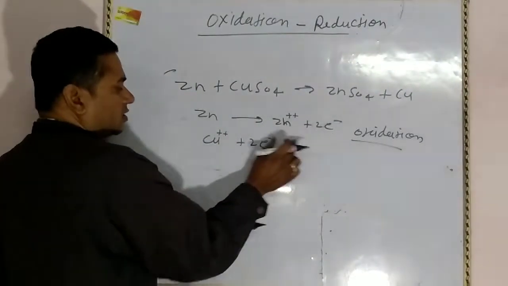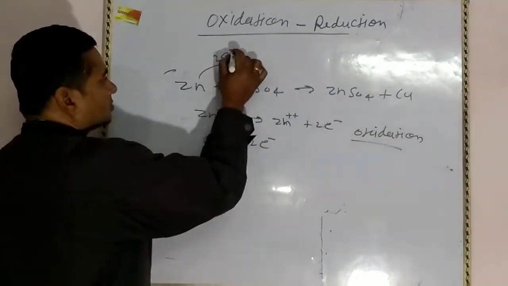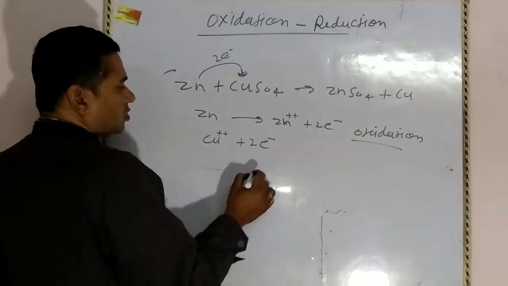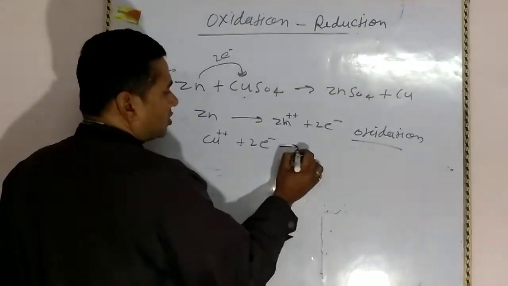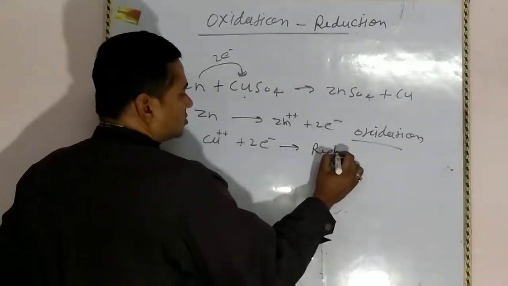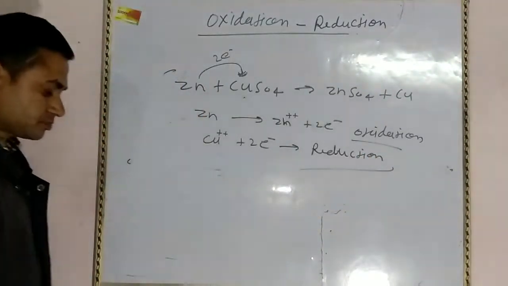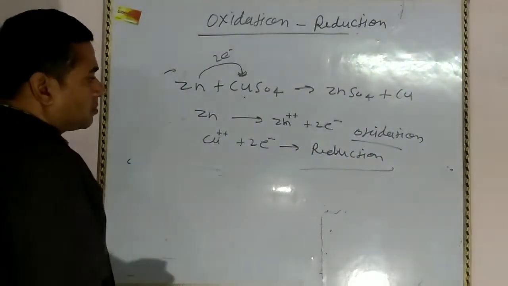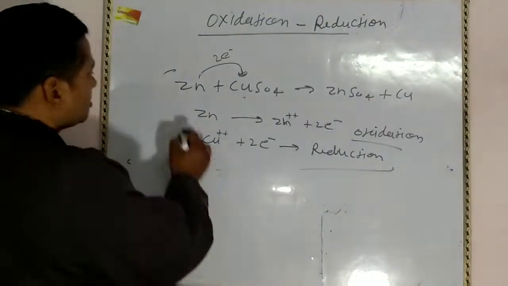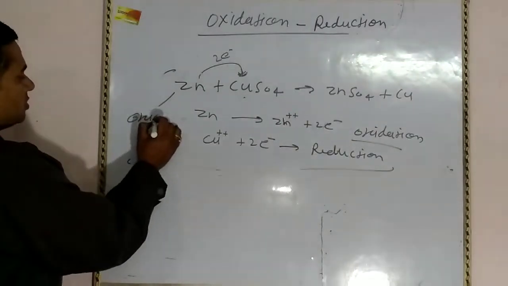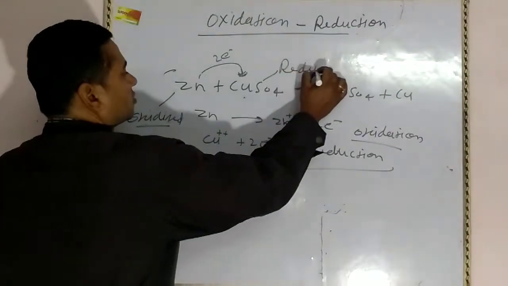Electron transfer happens here. It is removing and this is receiving, so it is reduction. So in this way you can identify Zn has been oxidized, and Cu has been reduced.